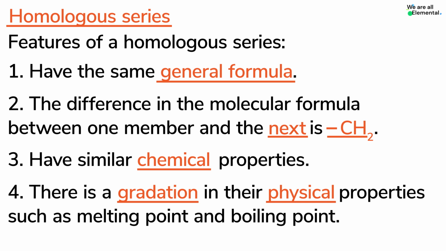Before we discuss the IUPAC nomenclature of homologous series, let us have a look at a broader classification of organic compounds. This is a simplified version which is enough for HSC studies.